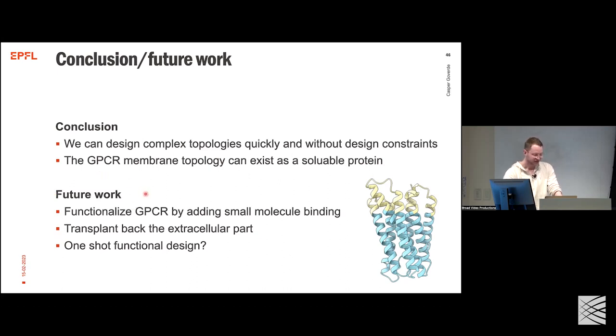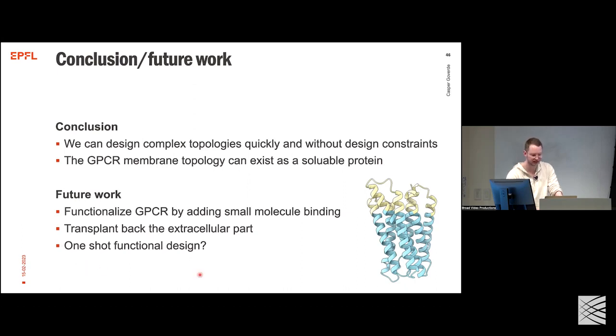So yeah, let me conclude. What we can do at the moment is design complex topologies quickly without design constraints. And we have shown that you can take this GPCR membrane topology and make it soluble. What I want to do next is to go after one-shot functional design.